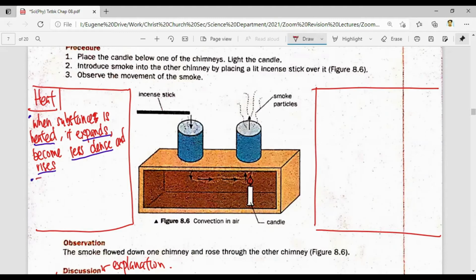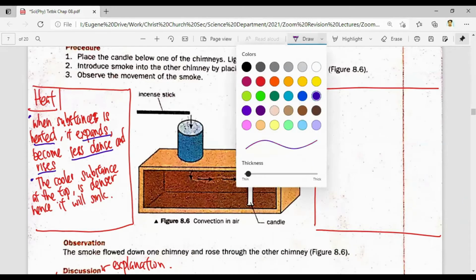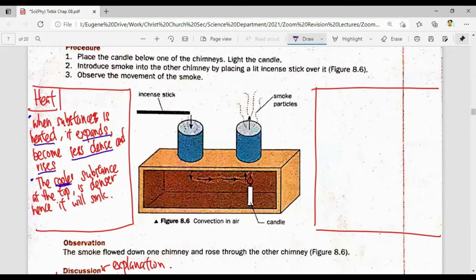The second part is the cooler substance. Normally the cooler substance is at the top. The cooler substance at the top is denser, hence it will sink. So key idea here: cooler, denser, sink.